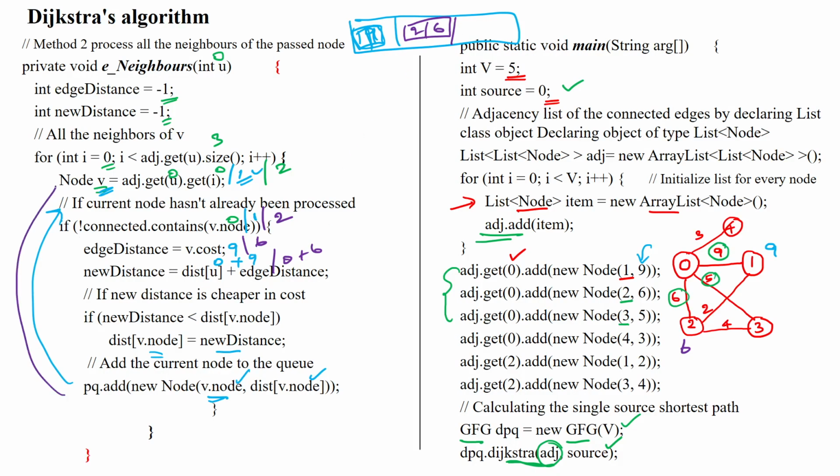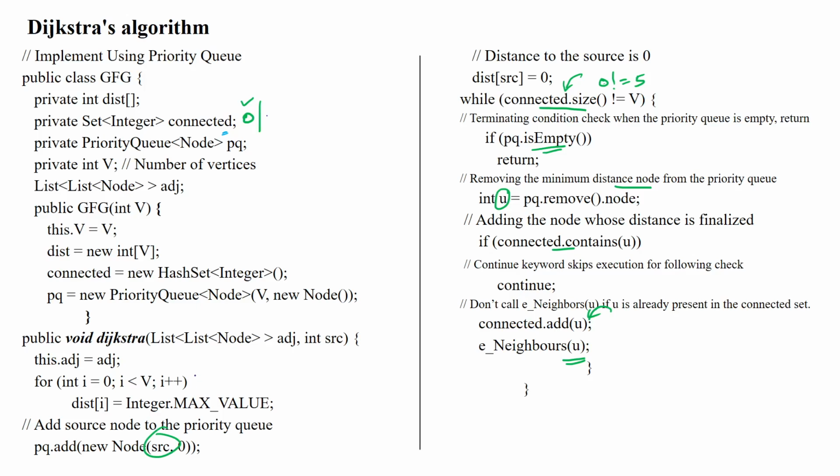So like that, again you have to keep on checking. When you keep on checking, the value will be updated. Here 5, here it will be 3, right? So now after getting updated, again this has to be called to update the weights until reaching the number of connected size equal to 5, right?